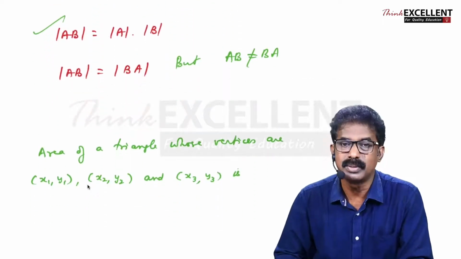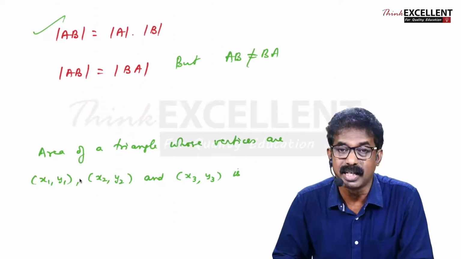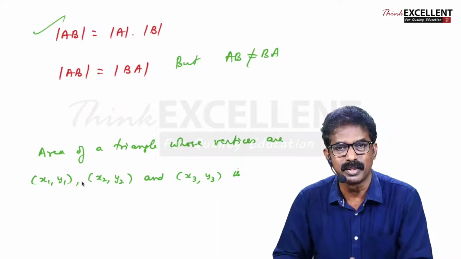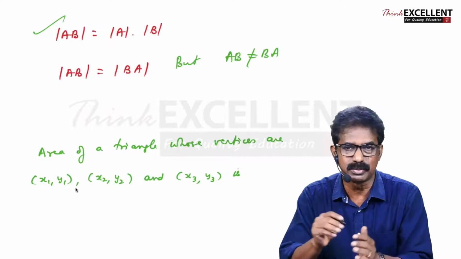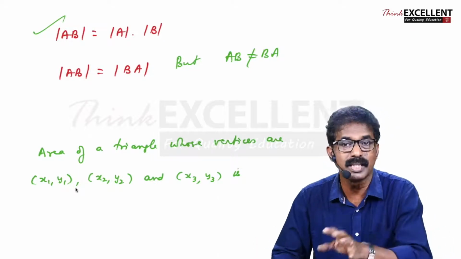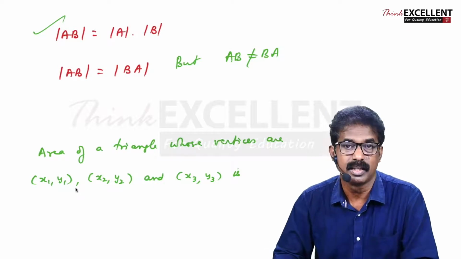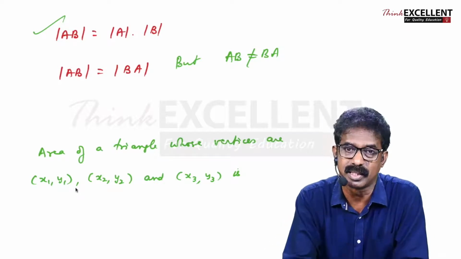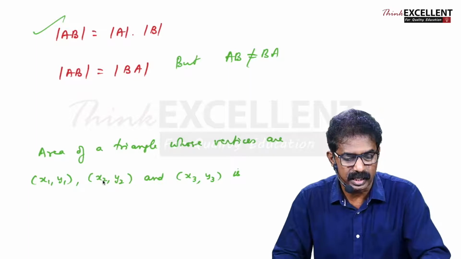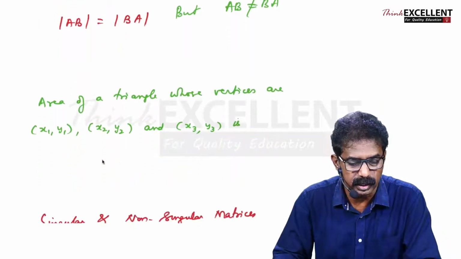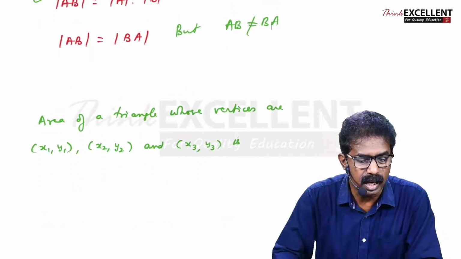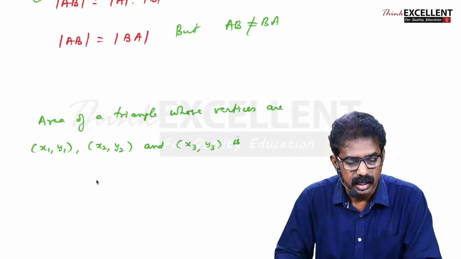Okay, now using a determinant you can find the area of a triangle. Already in 10th standard you would have studied, right? Half into x1 into, what formula is there. Using a determinant also you can find the area of a triangle if the three vertices are given. The three vertices are x1, y1, x2, y2, x3, y3. Then the area of the triangle is half into, write it as a determinant.